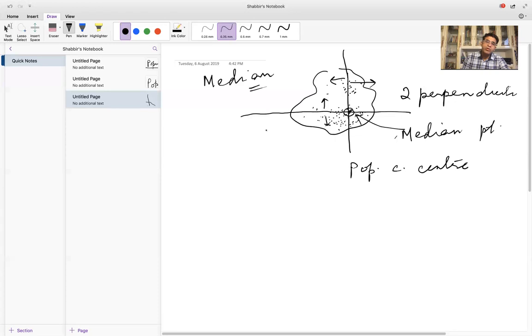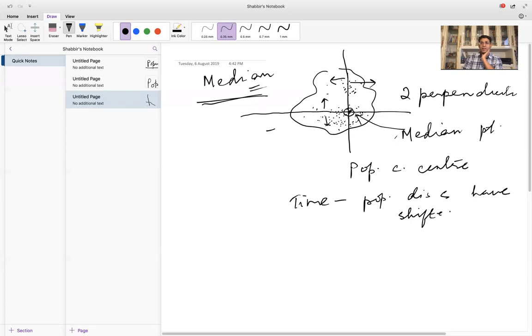And this is a very good measure if I want to find out how, over time, population distribution centers have shifted. For example, say in the 1700s, this was the center. Then in the 1800s, maybe this was the center.